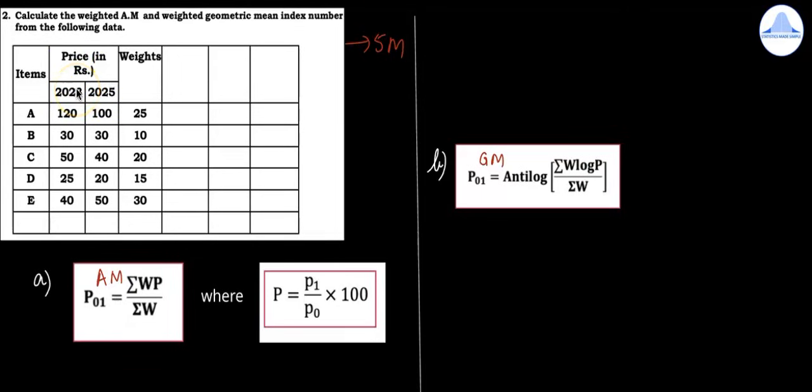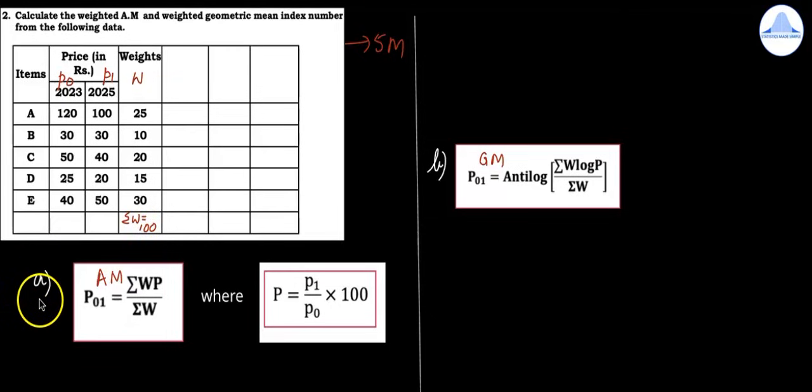So price in the base year, you mark it as P0, and the price in the current year, you mark it as P1, and the weights are denoted by W. So the first step is you find out the sum of the weights. So this is equal to 100.